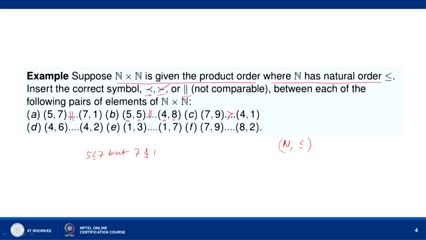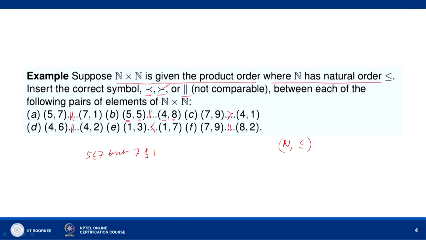So, that is not true, and we can say not comparable. And then (1, 3) and (7, ...): 1 is less than or equal to 7, and 3 is less than 7. So, we can put this one here. And then (7, 9): 7 is less than 8, but 9 is not less than 2. So, this is not comparable.